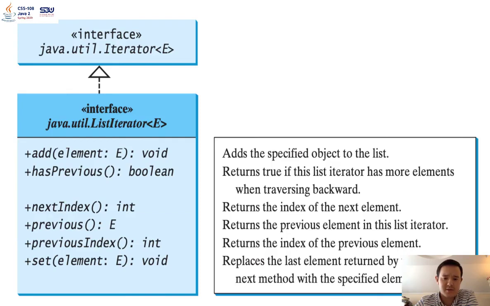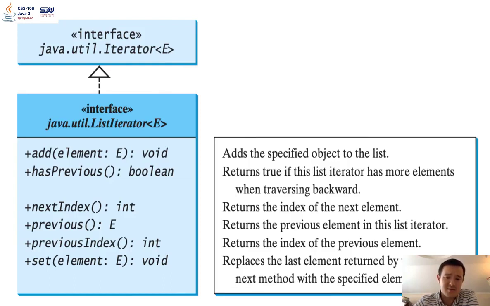So list iterator is the subinterface of iterator, and it has some additional methods like add. It adds the specified element into the list. Has previous tells you whether there is a previous element. Next index gives you the index of the next element. Previous gives you the previous element.